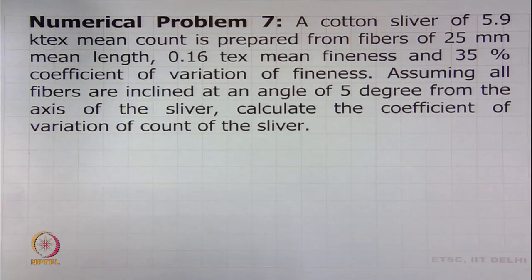A cotton sliver of 5.9 kilotex mean count is prepared from fibers of 25 millimeter length, 0.16 tex mean fineness and 35% CV of fiber fineness. So, let us see what is given.